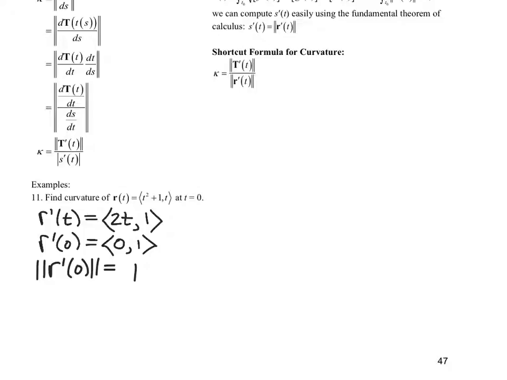Now I also want T of t. For that, I can figure out T of t, but again, I want to do it numerically. Since it's at t equals 0, I'll find T of 0. So T of 0 is going to be equal to r prime of 0 over the magnitude of r prime of 0.